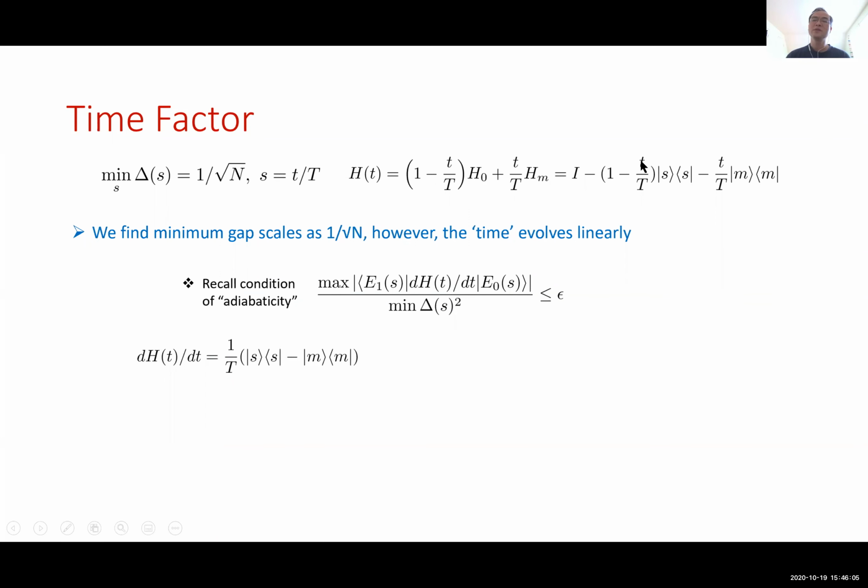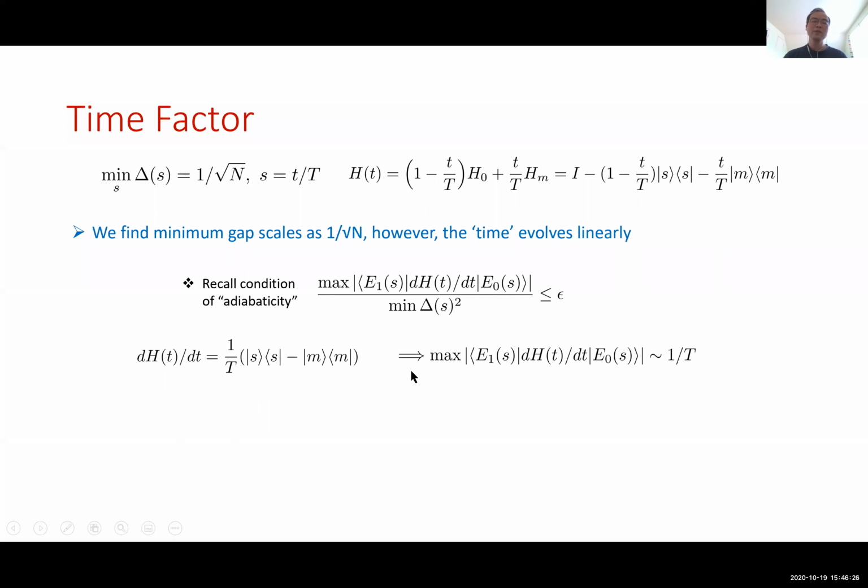It's really just from here. Take the derivative with respect to time, you get this 1 over T factor, projector to s, 1 over T factor projector to m, and the difference of the two. So it really doesn't matter what the exact form of the ground state and excited state is.